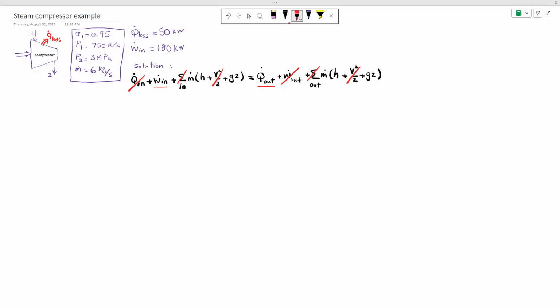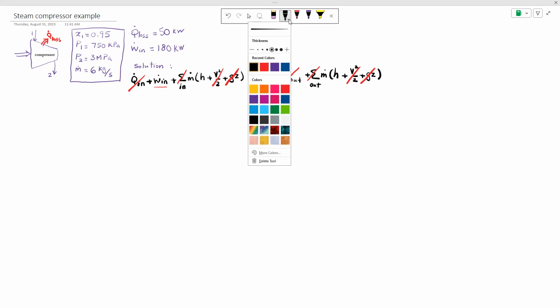We can scratch these two terms. Again, usually for compressors, the elevation difference between inlet and outlet is not significant, so we can scratch the potential energy terms from the equation.